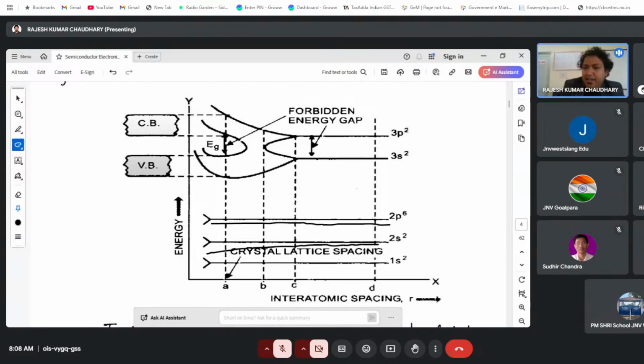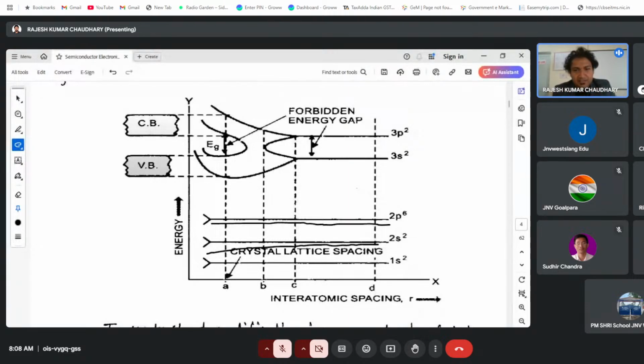You know why? Because any material is made up of trillions of atoms joined together. Got it? So atoms are not isolated from each other. They are combined, very closely packed.